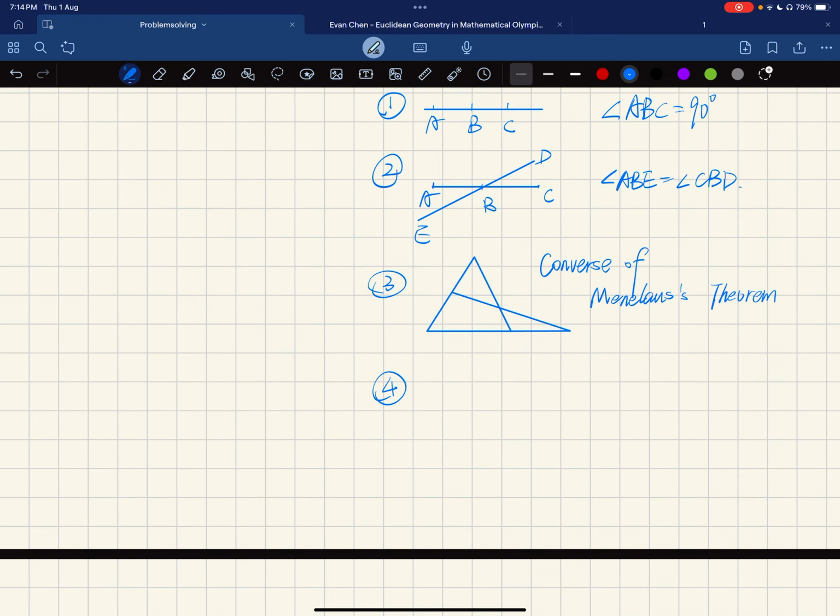And the fourth one is if we have 2 circles with these two intersection points here, we can solve the problem by using the radical axis.